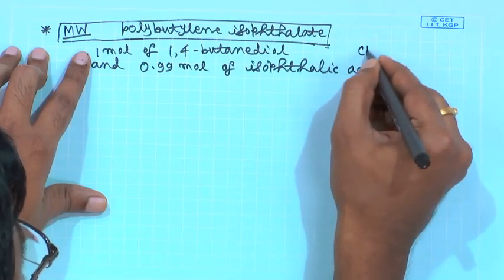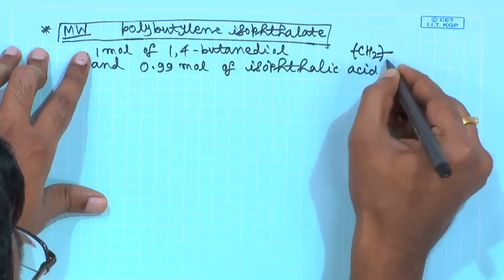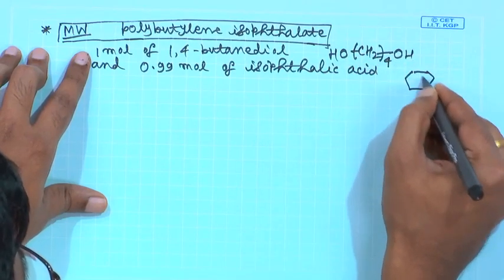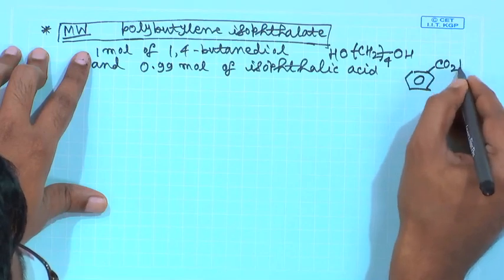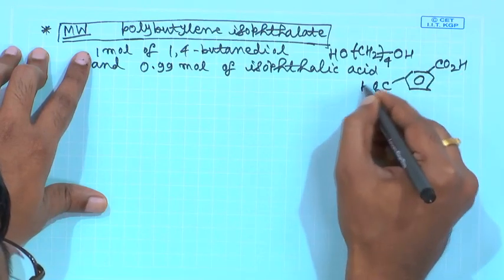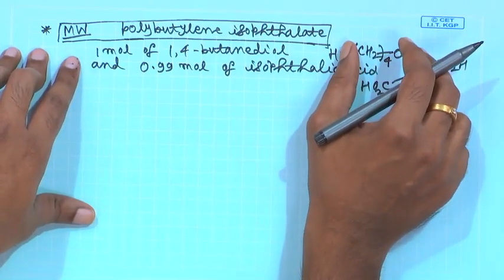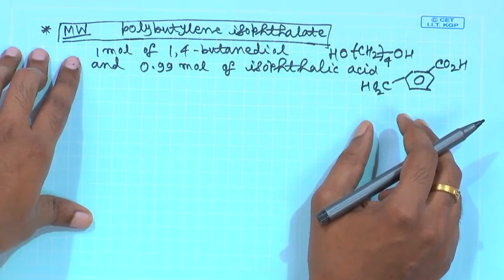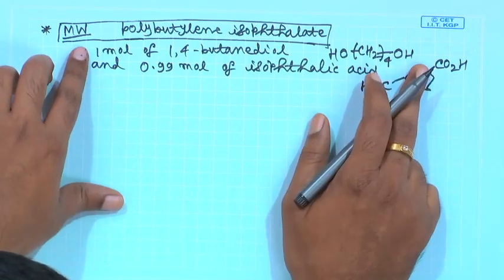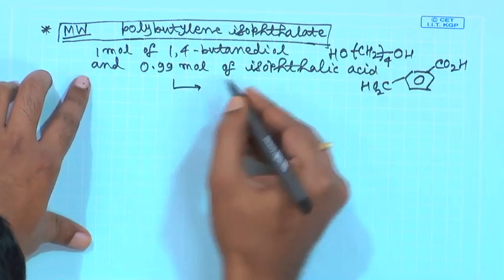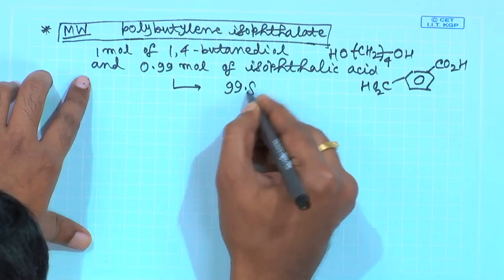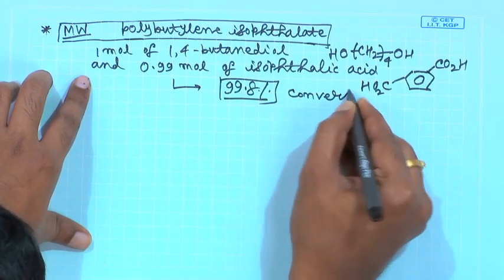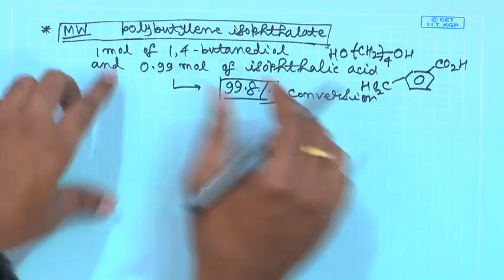So, 1,4-butanediol is this, and your isophthalic acid is this. You are doing a reaction with 1 mole of 1,4-butanediol and 0.99 mole of isophthalic acid, and in this reaction you have achieved 99.8% conversion. This is the conversion. So, the question is, what will be the molecular weight of the product?